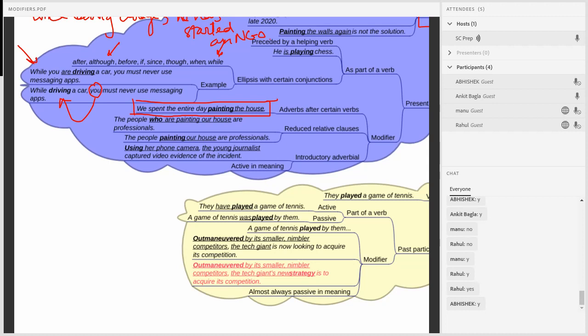Sir, sorry to interrupt. Sir, in the present participle, it can act as a verb. No, no. A present participle cannot act as a verb, but as part of a verb. So in these above, some conjunctions are written after, although, before, it, since, though, when, and while.